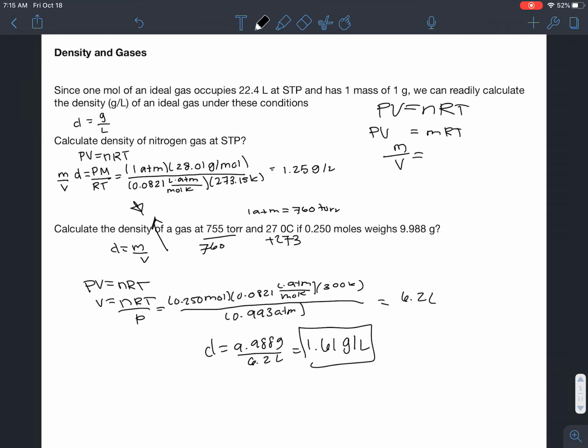So this is little m, and then this is the big M. So mass over volume, your density, will equal your pressure times the big M divided by RT. So that's where those units come from. If it doesn't make sense how to rearrange the equation, you can always just solve for the grams from the moles or the volume and then find density by doing grams over volume.